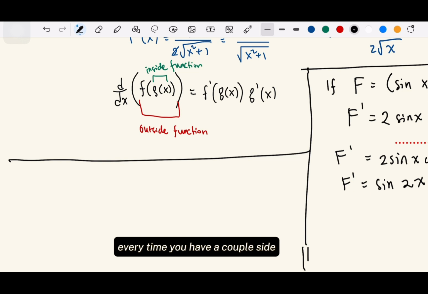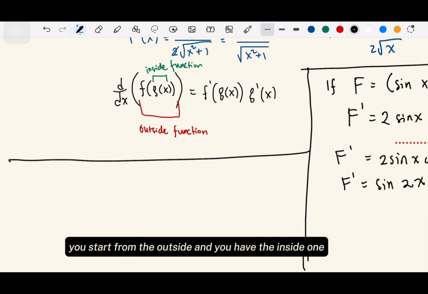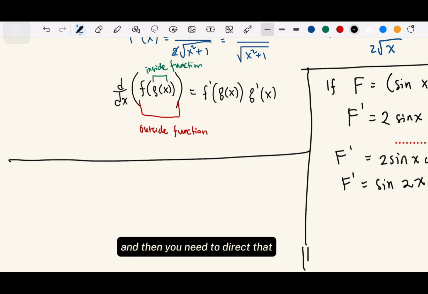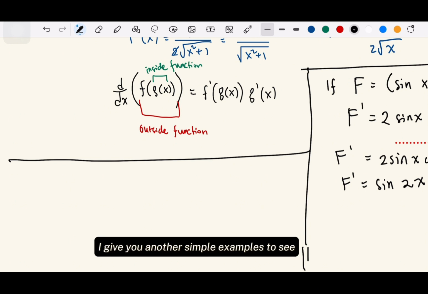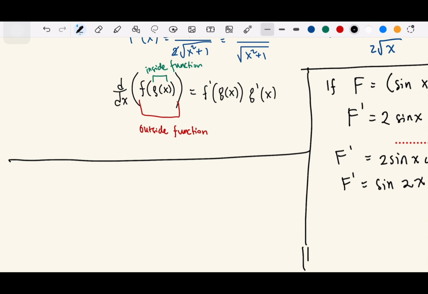Every time you have a composite, you go layer by layer. You start from the outside, derive, and the inside one still has an inside, so you derive that, until you get to the most inside one.